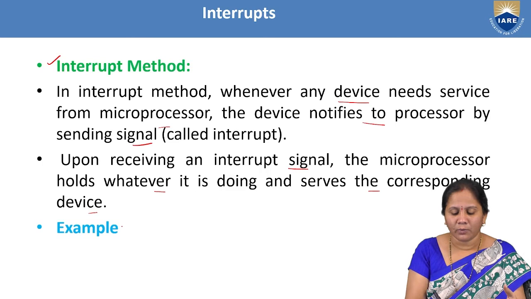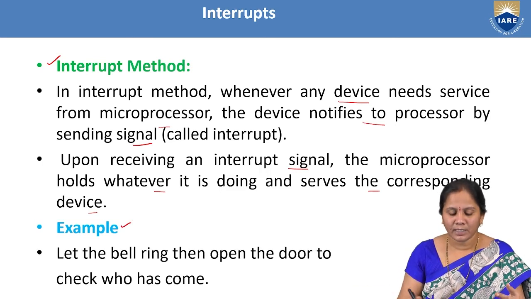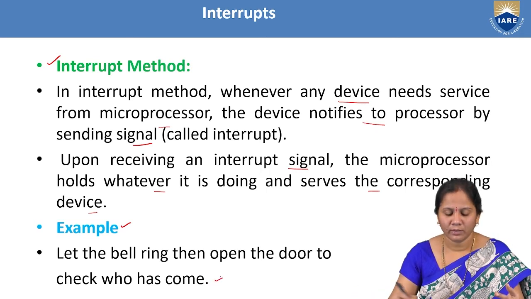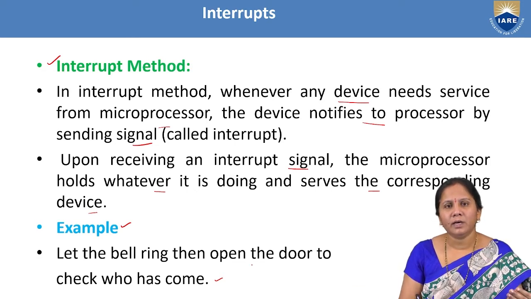Now, if you see the same example for the interrupt method: let the bell ring, then open the door and check who has come. The processor will be doing its own work, that means the processor will be executing the main program. Whenever the interrupt comes through the interrupt request signal, the processor holds whatever it is doing and then services that interrupt.